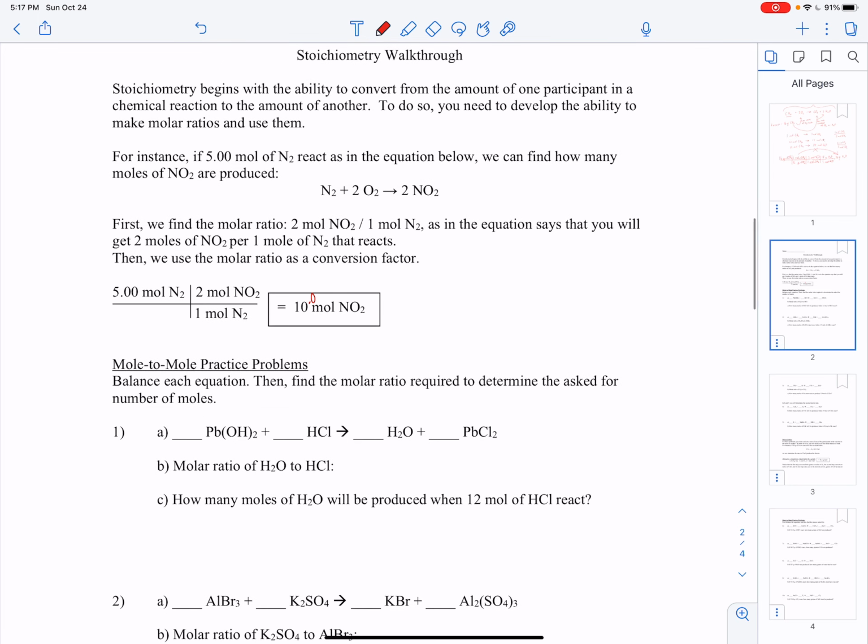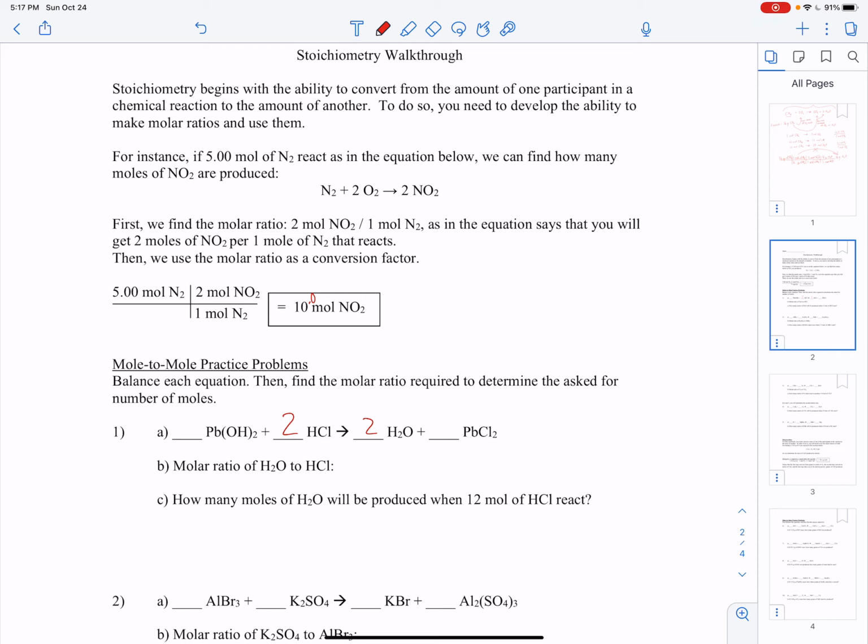So for instance, in this one, you're supposed to balance the chemical equation, right? Take a moment, balance the chemical equation. If you pause the video, great. If not, you should have ended up with a 2 there and a 2 here. So it should have been 1 to 2 to 2 to 1.